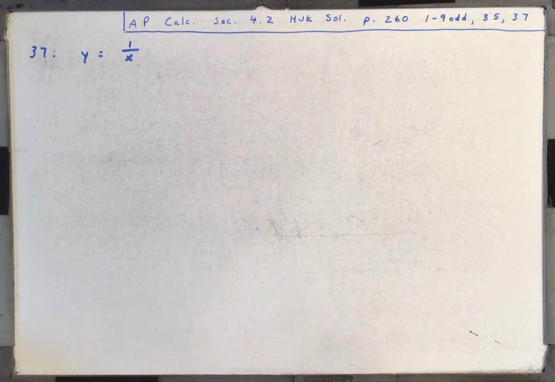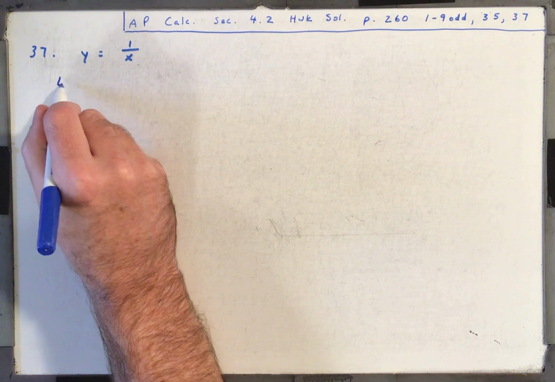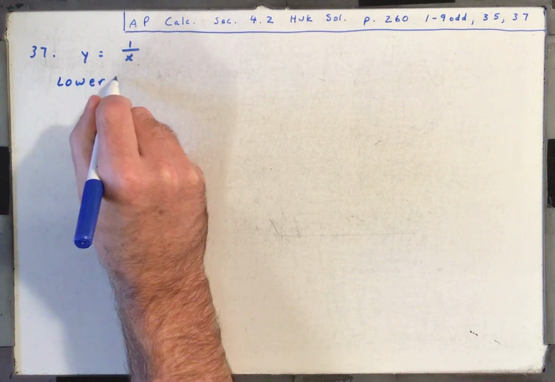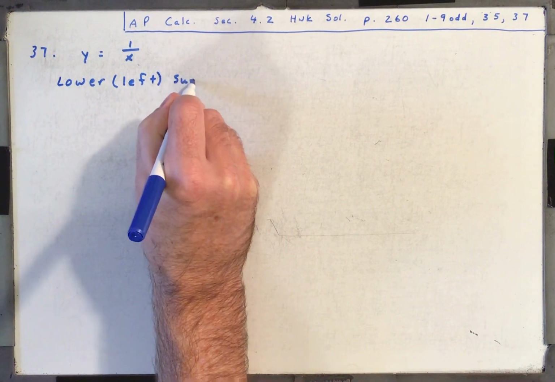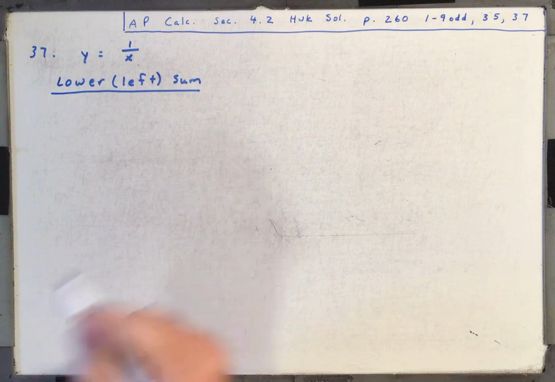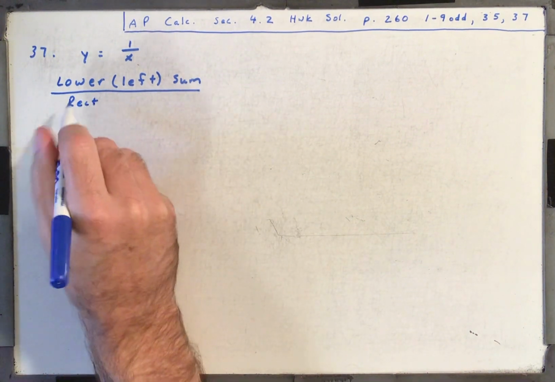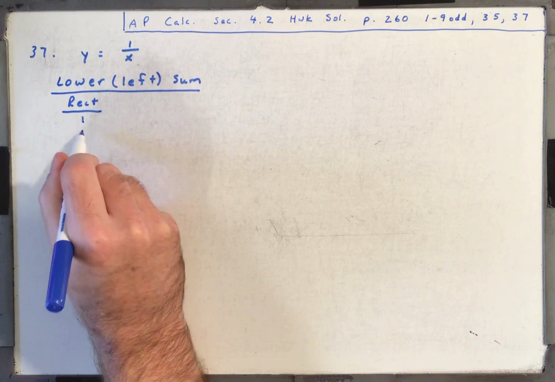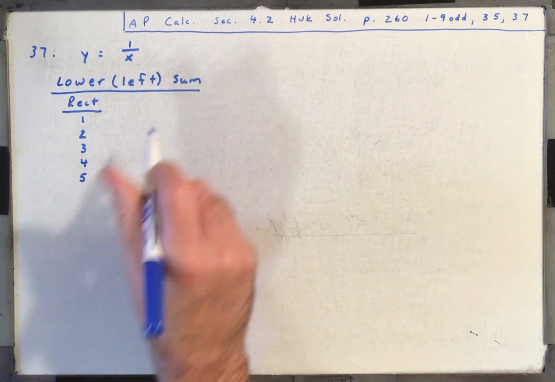Okay, so if we use a left sum on this, so first of all, let's do the lower. And this time, since it's a decreasing function, your left sum will be greater than your right sum. So make a little chart: rectangle 1, 2, 3, 4, 5.